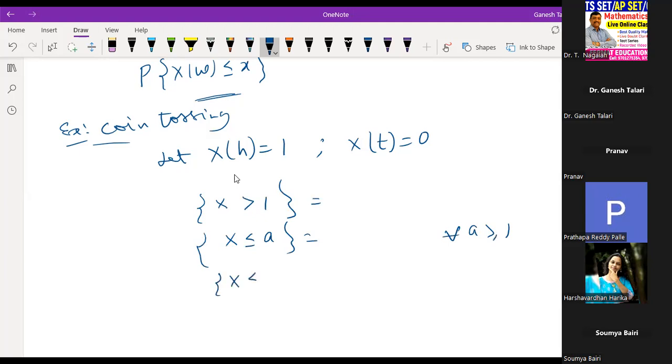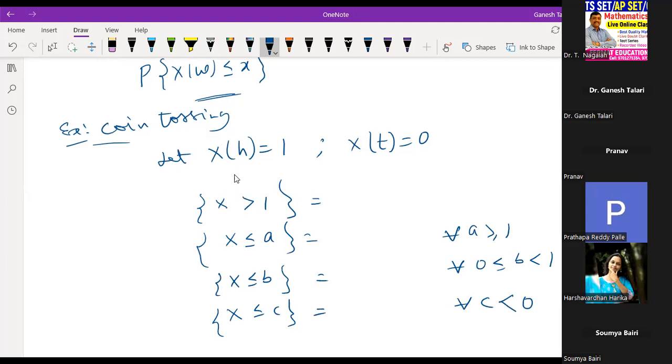Third one is X is less than or equal to b, for every b strictly less than 1 and greater than or equal to 0. Fourth, X is less than or equal to c, for every c strictly less than 0.